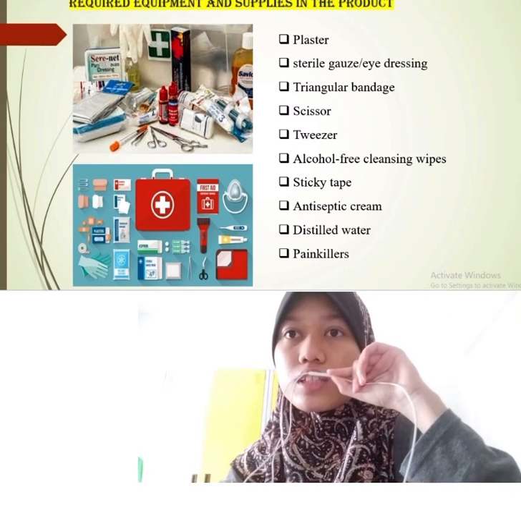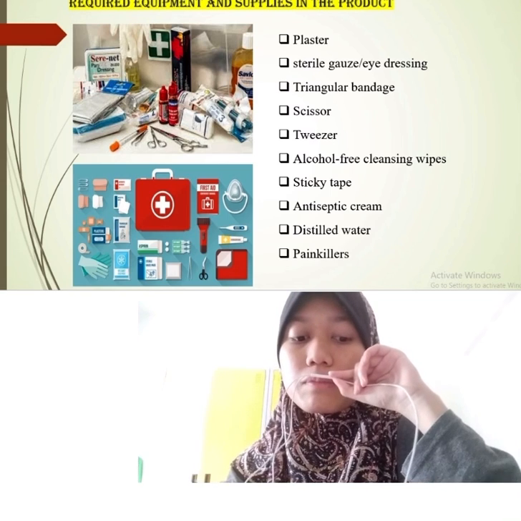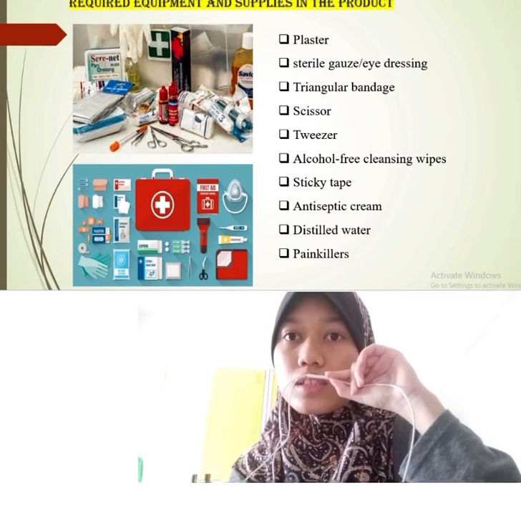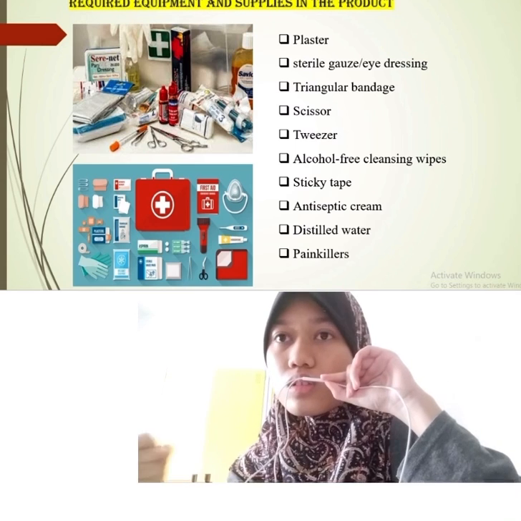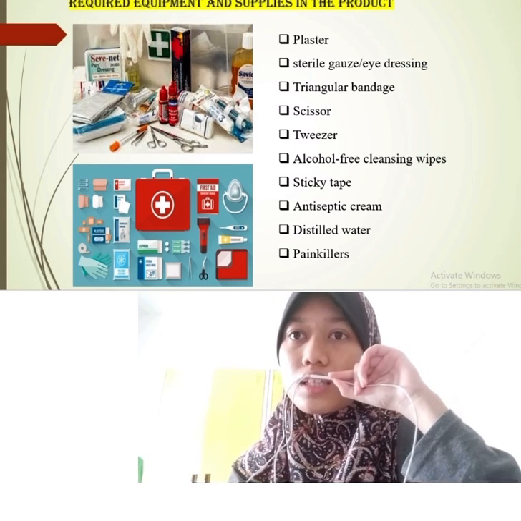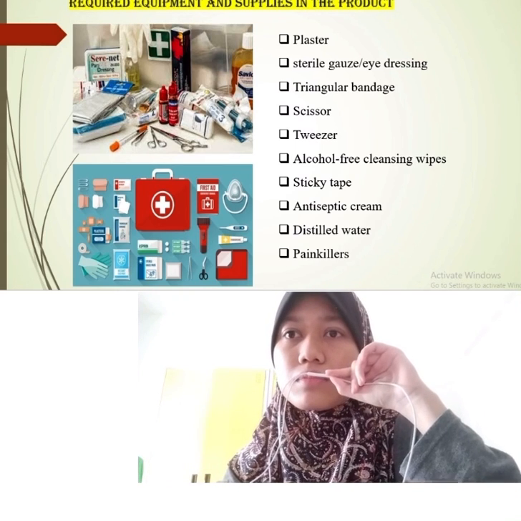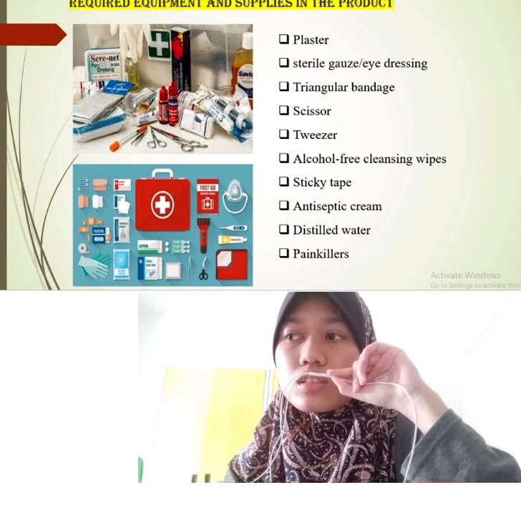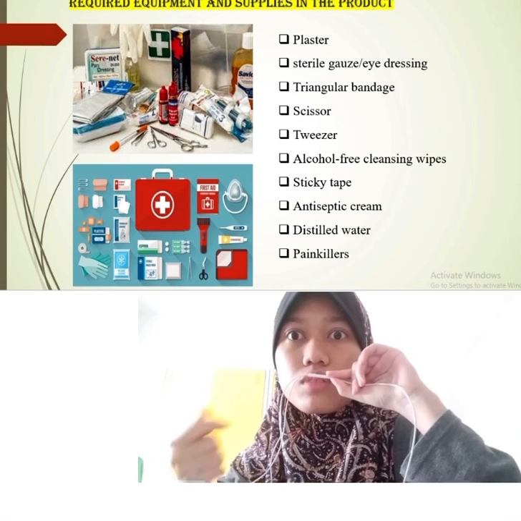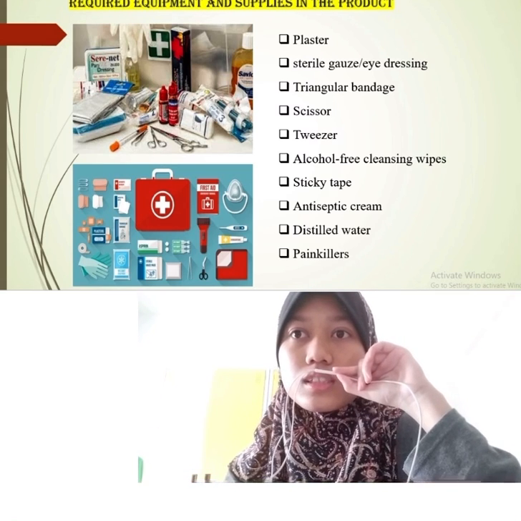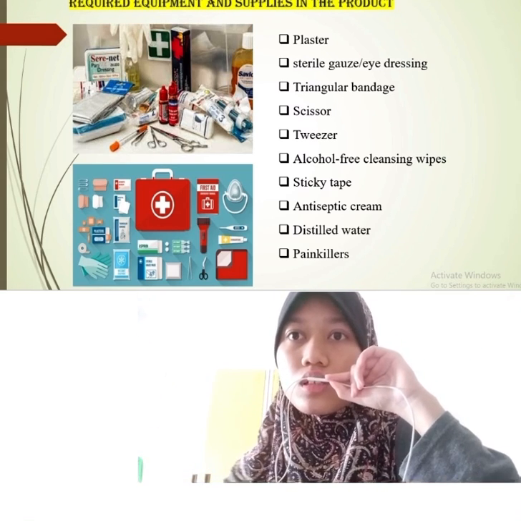But the difference is that the alcohol cleansing wipe is already prepared with cotton soaked with alcohol, the antiseptic. But antiseptic cream is given in cream form, which you just apply to the wounds.